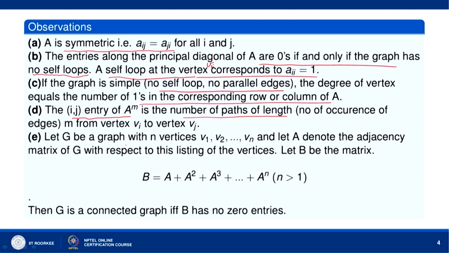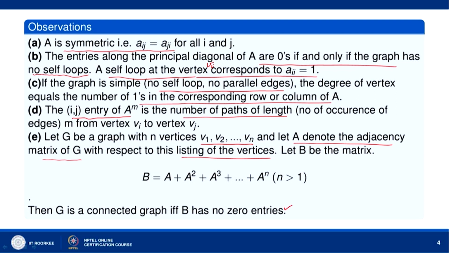Now, let G be a graph with n vertices V1, V2, up to Vn, and let A denote the adjacency matrix of G with respect to this listing of vertices, and let B be the matrix B equal to A plus A square, A cube and so on up to A to the power n. Then G is a connected graph if and only if B has no 0 entries.